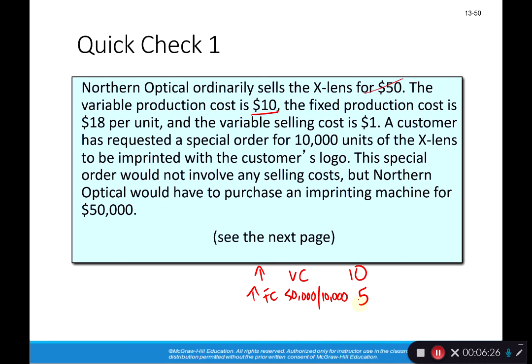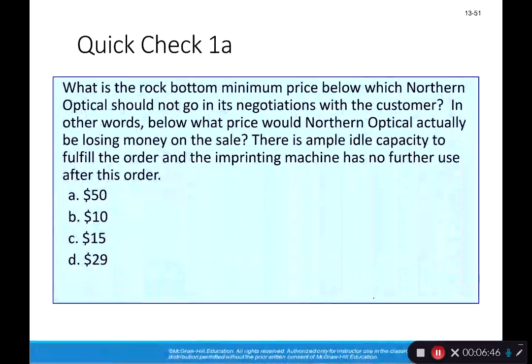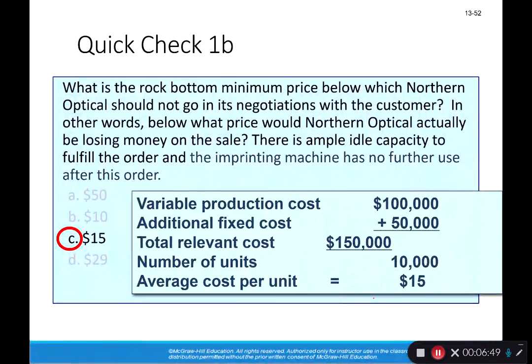So that's $5. So when all's said and done, I need to sell these for at least $15 in order to make this additional order feasible for the company, in order to make additional profit, because my variable costs go up 10 a unit, my fixed costs go up by 5 per unit. So the answer here is $15.